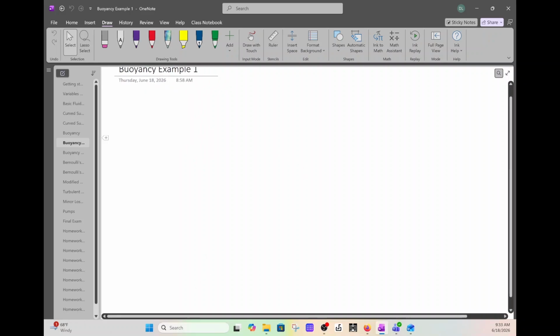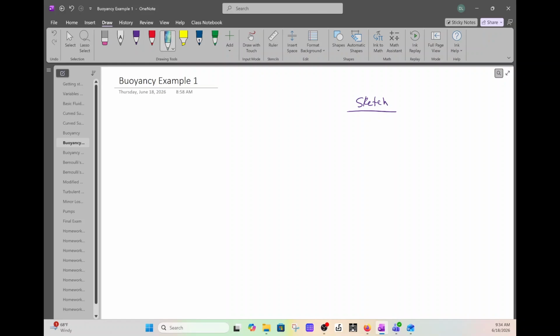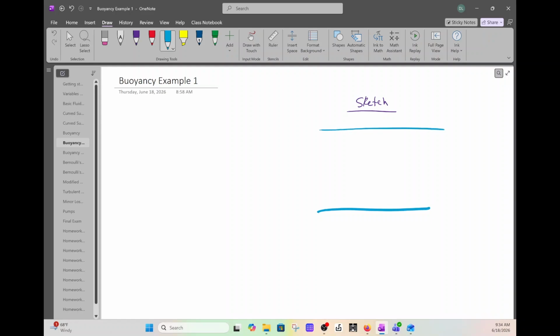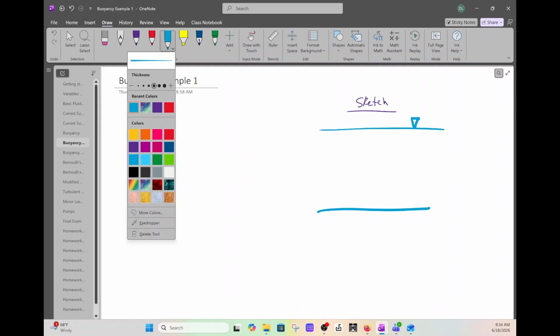Here is a practice problem. I'm going to do a sketch over here, and I'm going to do blue because we're going to be in water. So here is the top of the water.